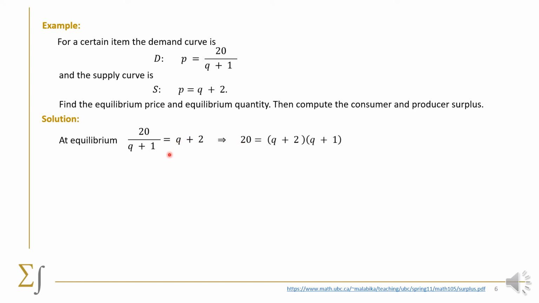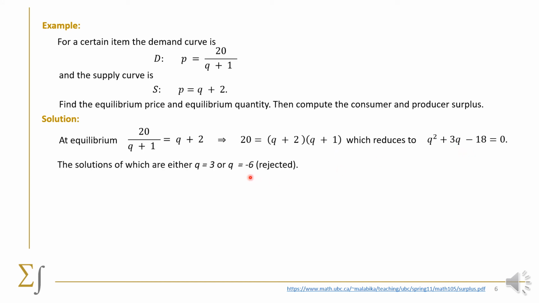So this equation can be rewritten as the equation here. We multiply both sides by q plus 1, and we are sure that q plus 1 is not 0, so we're not multiplying by 0. So here we start solving for q. We open the parentheses, so we get this quadratic equation, which has two solutions. One is minus 6 and the other is 3.